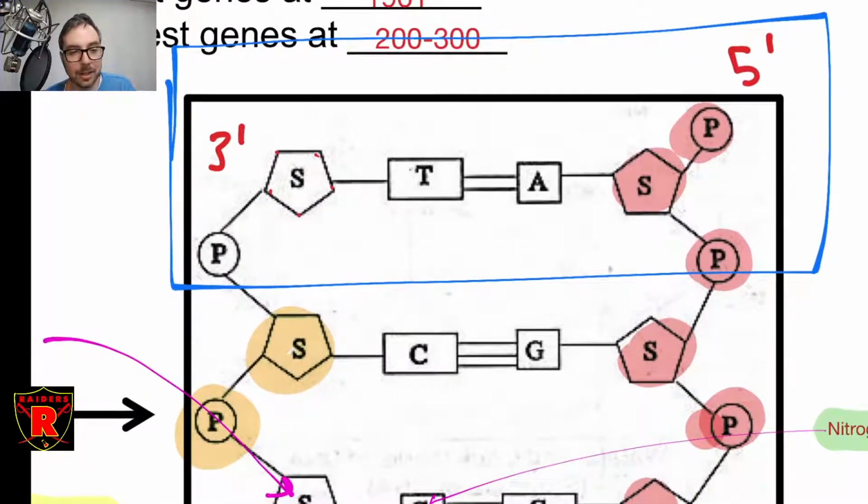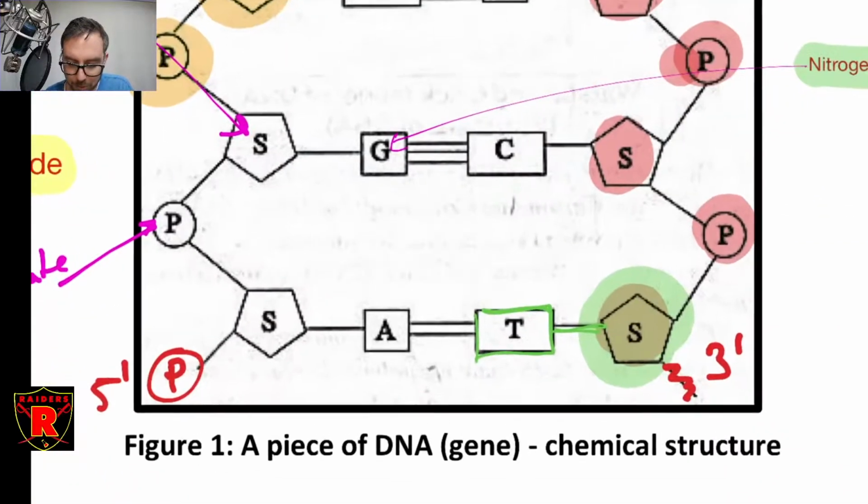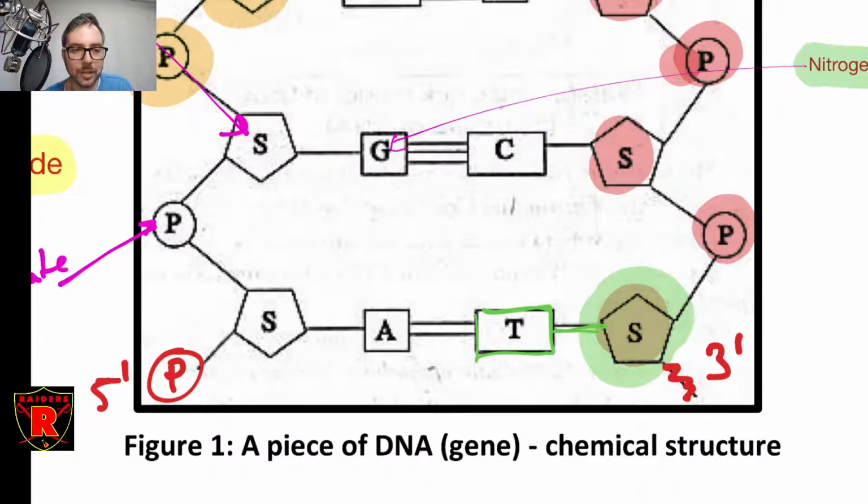The reason I write it on here is because it's just important to know that there is a direction that exists in DNA. And when you read the base pairs, so the base pairs are in the middle, there are these letters in the middle right here. When you read them, you only read one side, and you always read them in the same direction.